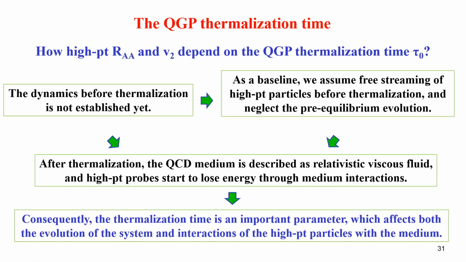For high pT particles, we assume free streaming, and for low pT particles, we assume no pre-equilibrium interactions. Right, but this is all pre-equilibrium before thermalization, right? Yes. When you say particles, because there are students here too, you mean quarks and gluons, right? Yes, of course. Okay. Later, you say particles, meaning those that are observed, right? Yes. Okay, I will make sure that I clarify this. Thank you.